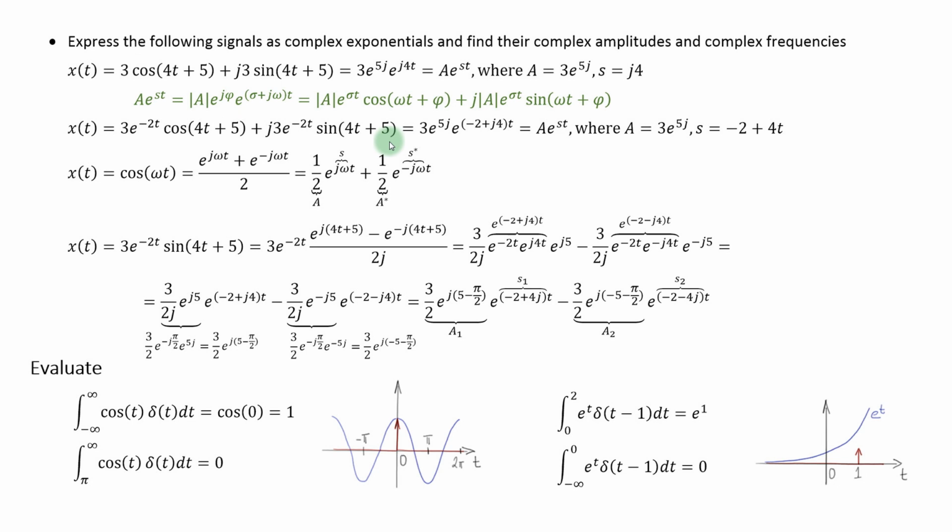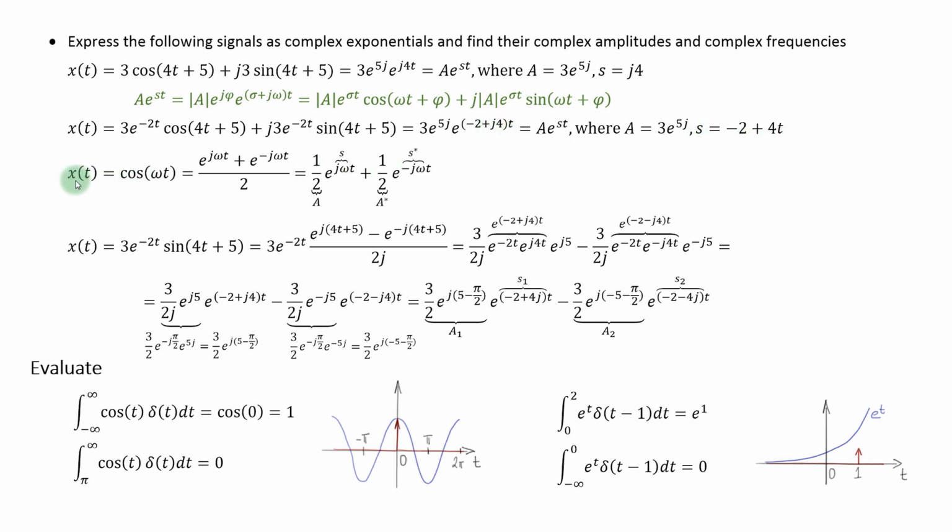So pretty much everything will be the same as before, except now this sigma is -2. So I can write this expression in this form. The complex amplitude will be the same as before, but now the complex frequency will be -2 plus j4. This will be my complex frequency.